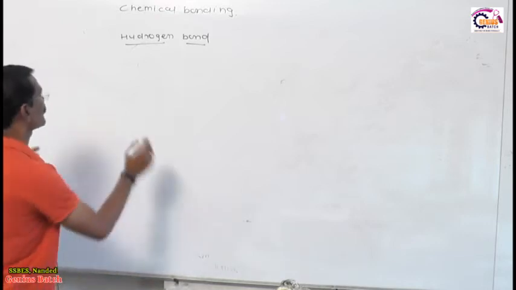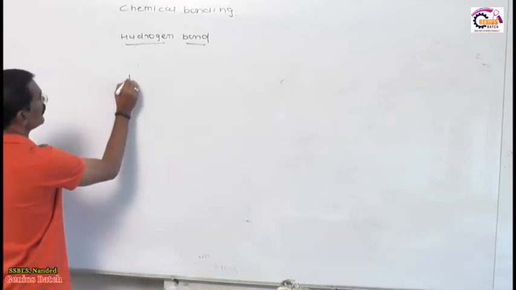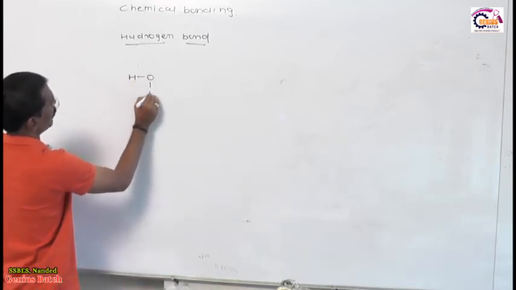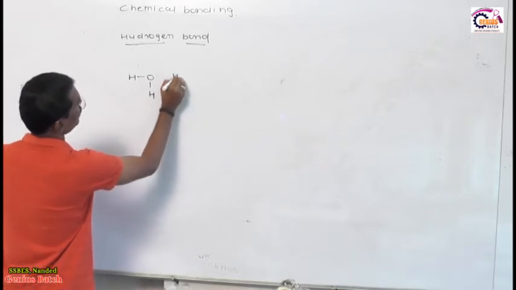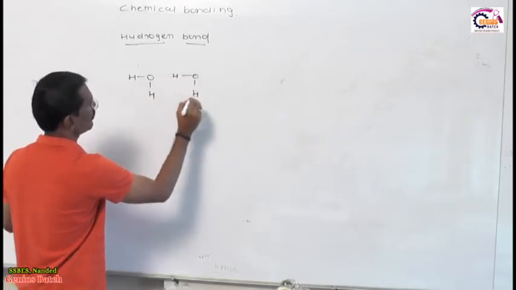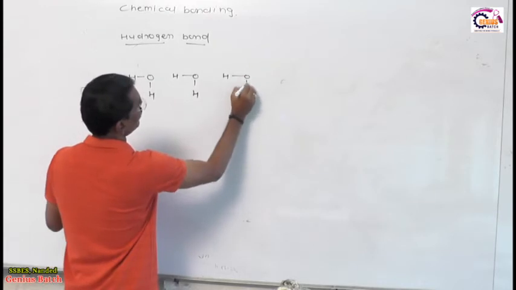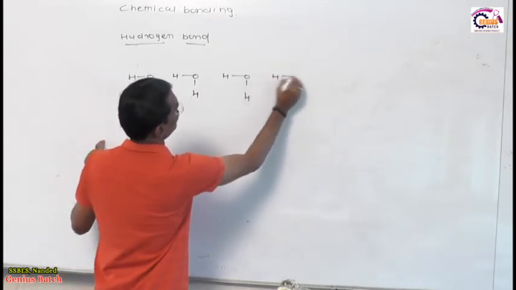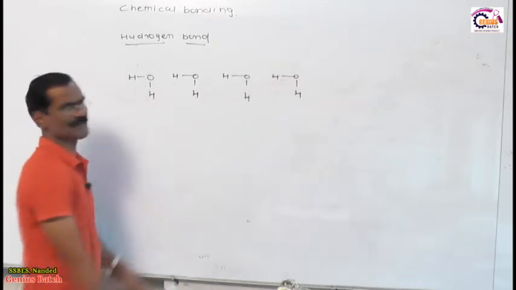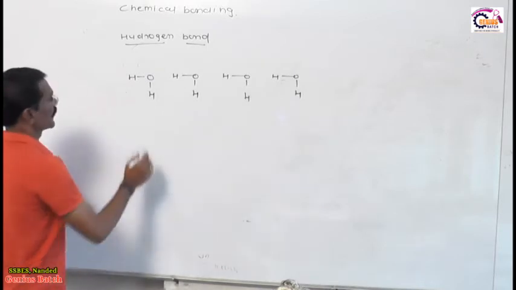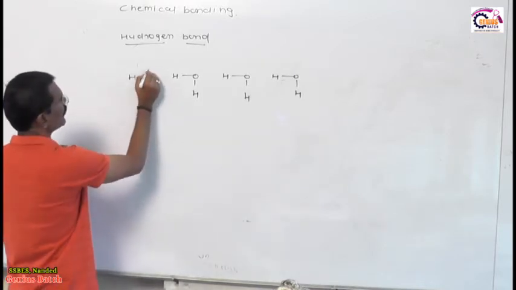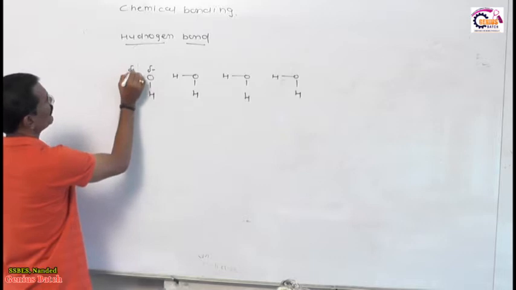Now my friends, suppose this is the structure of water, HOH, this is the structure of another water HOH, the next water HOH, and another water HOH. Why am I representing this? Because oxygen is more electronegative, therefore it becomes partially negative and H becomes partially positive.